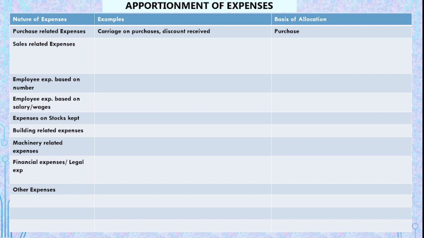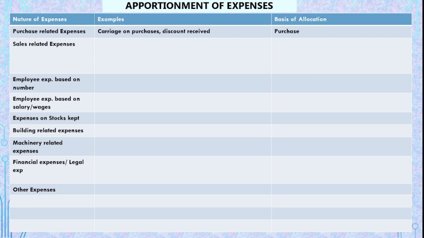Then you have employee expenses. I have divided them in two categories: based on number, and based on salary. Like when you have canteen charges, canteen charges are based on number. One person will take 1 tea, 2 tea. If a person is a manager and he is drawing 10 times the salary of a worker, he is not going to eat 10 times, right? So some expenses are based on number, like canteen expenses, welfare, medical benefits.